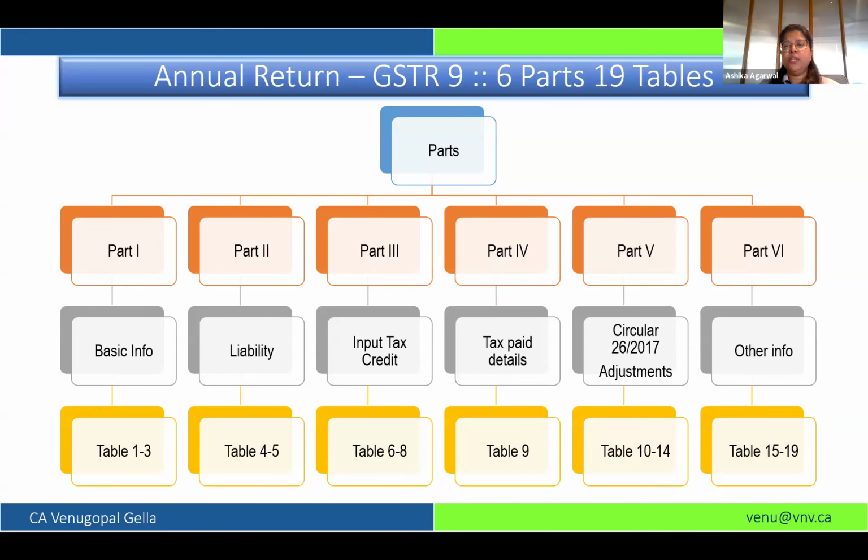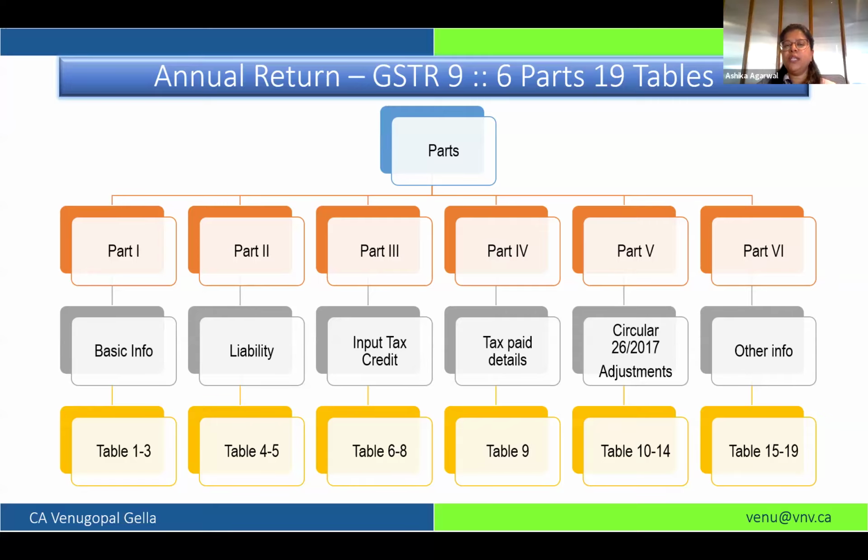Now, if you see over here, parts 2 and 4 deal with the data which you have furnished in 24-25 for 24-25. Part 5 deals with the data which you have furnished in 25-26 but pertains to 24-25.